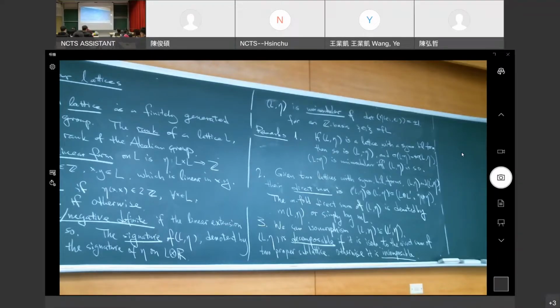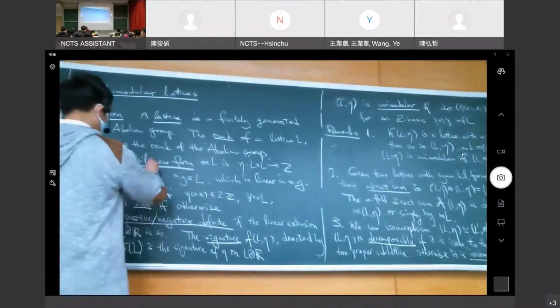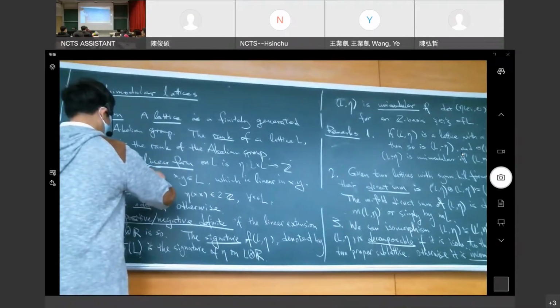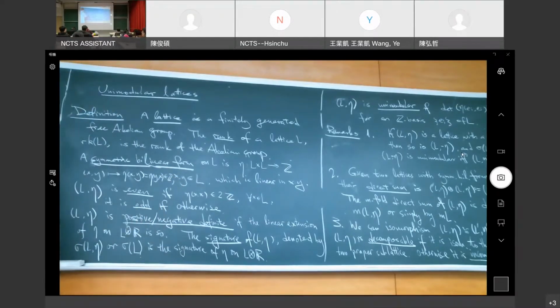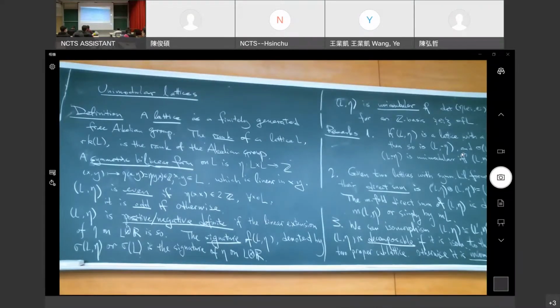So that's the one condition that I forgot to mention. Obviously, it should be symmetric. Thank you very much. Okay. Are there other comments?